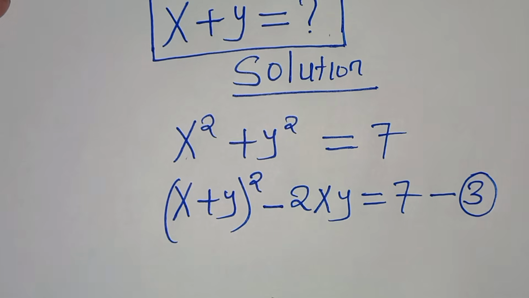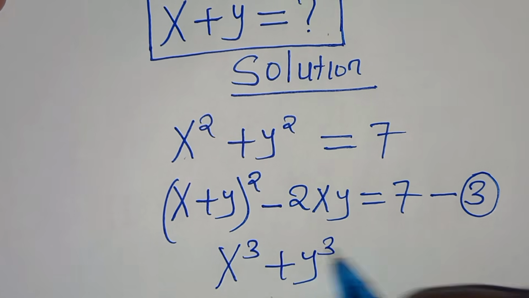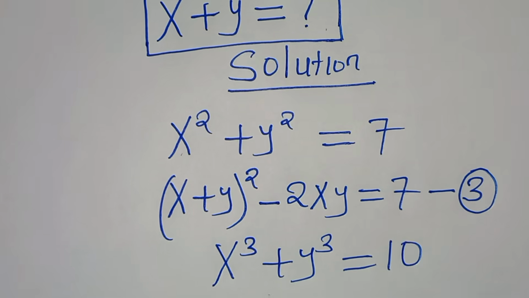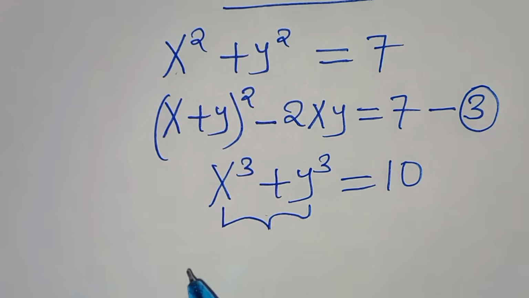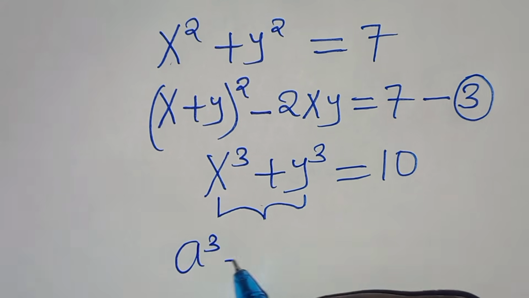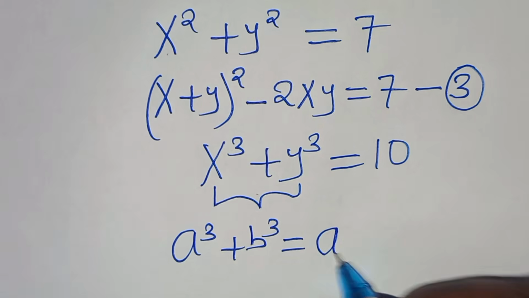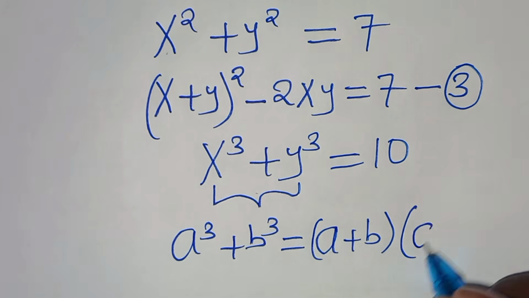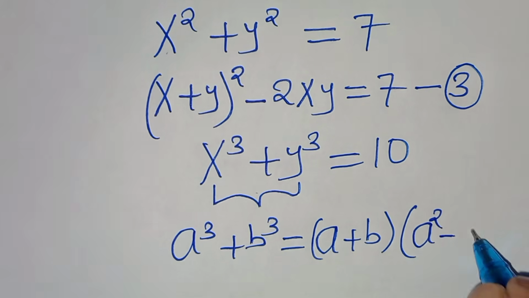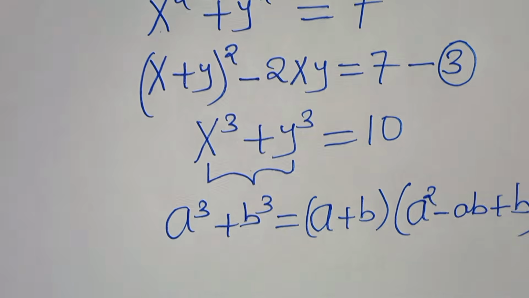Now from equation 2, x to the power of 3 plus y to the power of 3 is equal to 10. This is the sum of two cubes, expressed as a to the power of 3 plus b to the power of 3, which can be expressed as a plus b into the parentheses a to the power of 2 minus ab plus b to the power of 2.